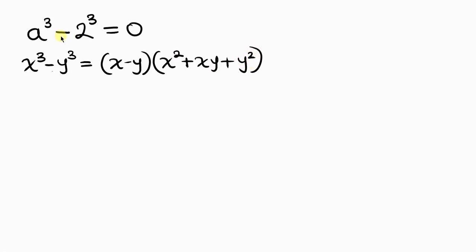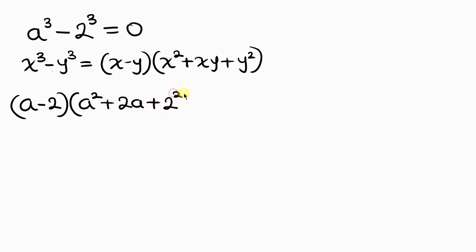So let's express this difference of two cubes like this. That means this expression can be written as a minus 2 times a squared plus 2a plus 2 squared. So we've been able to express this difference of two cubes to get this. And this is equal to 0.